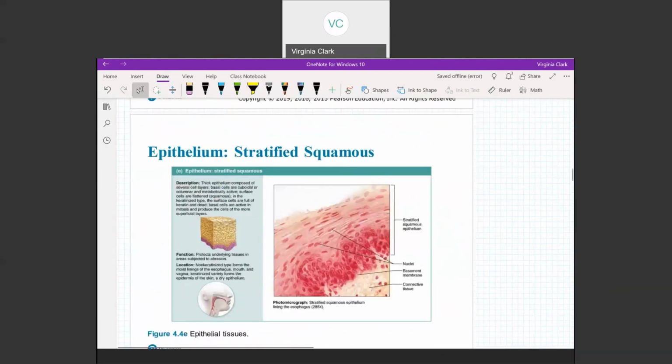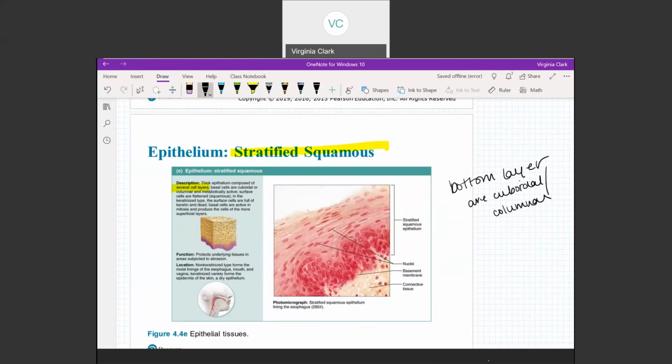Now we've got our stratified squamous. So we're going to start this way. This is going to be several cell layers, and this is technically going to be stratified squamous. However, with this stratified, the bottom layer is cuboidal or columnar.